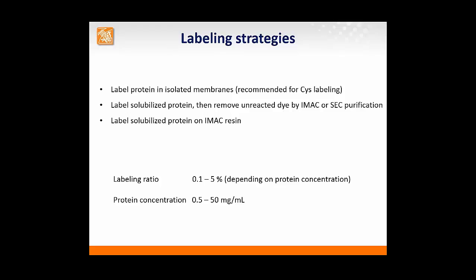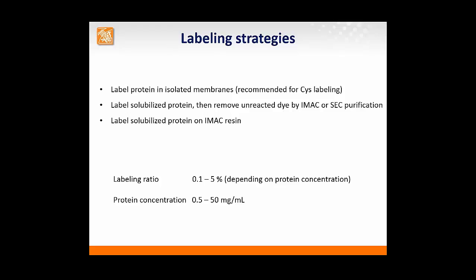The other strategy is to label already solubilized and purified protein. This is fairly straightforward. You just combine solubilized protein with a dye in the dark at 4 degrees, incubate for a few hours, and then you need to completely remove unreacted dye, preferably by immobilizing the protein on an affinity chromatography resin and washing out the free dye.